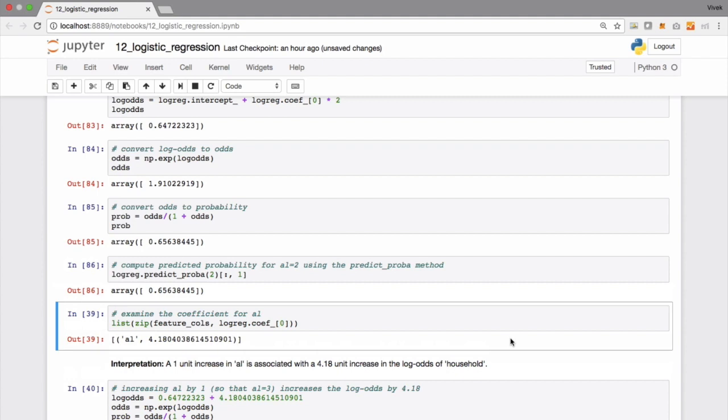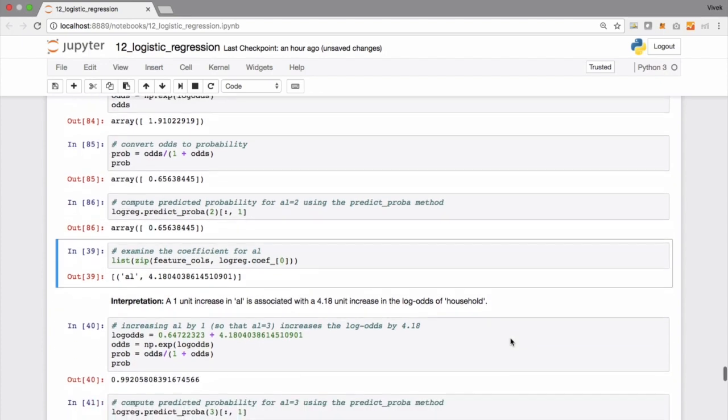So if I now want to examine the coefficient for AL, I get a value of 4.18, and the interpretation of that is a unit increase in AL is associated with a 4.18 unit increase in the log odds of household.